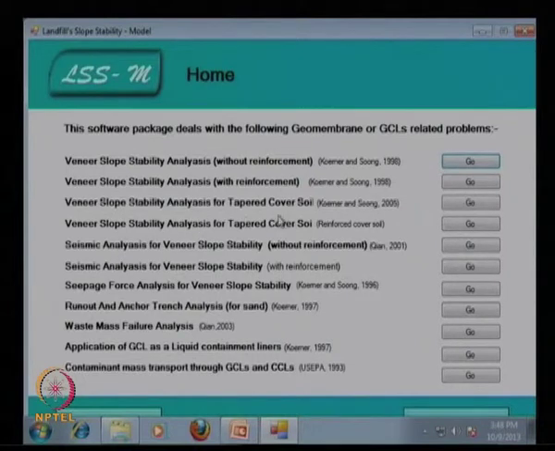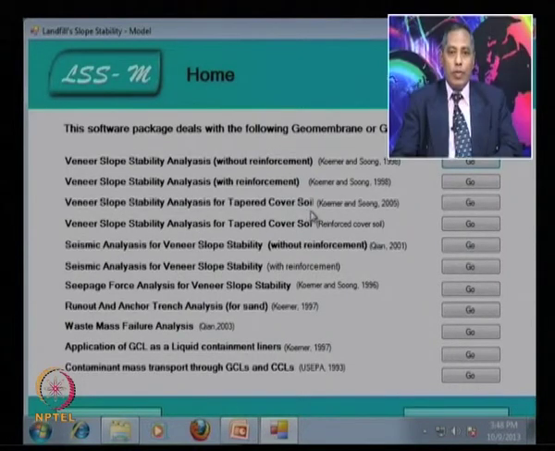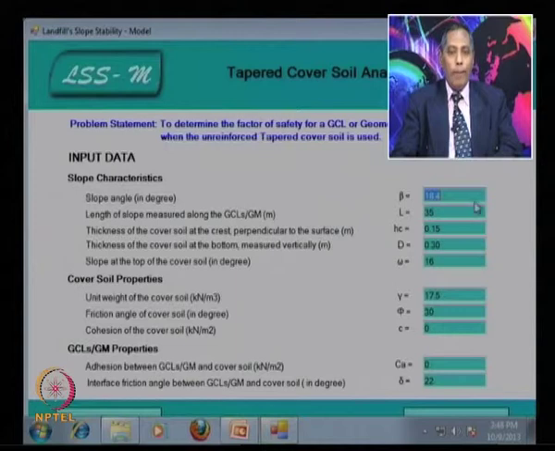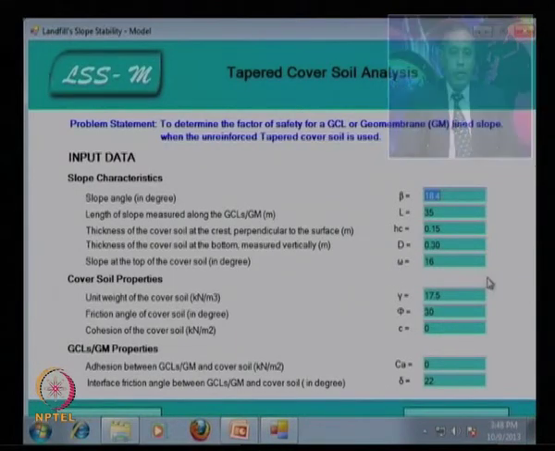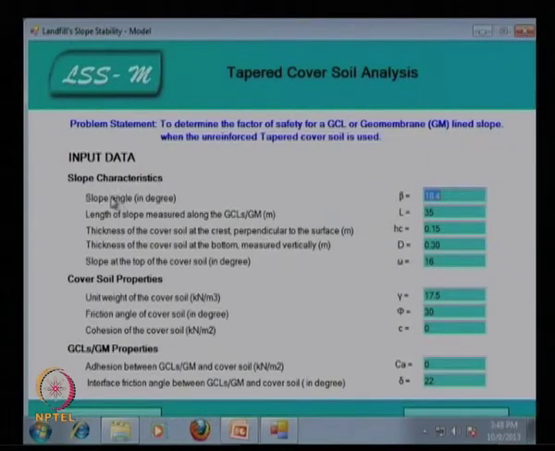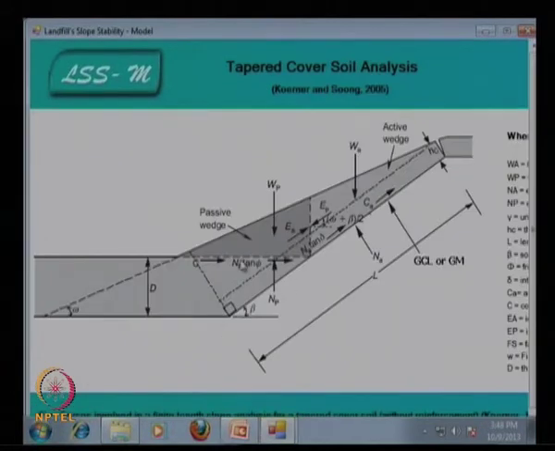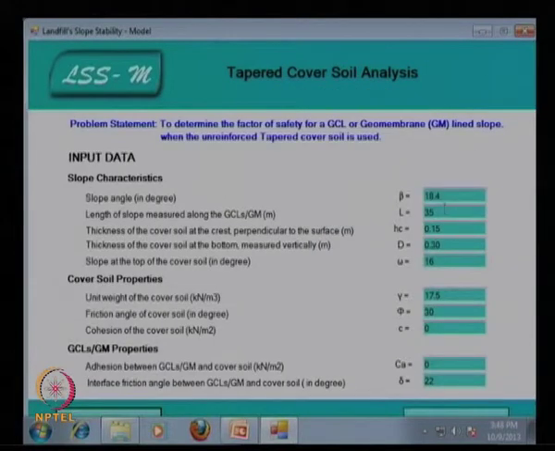Now, slope stability analysis of tapered cover soil. This is like Koerner and Soong 2005. Here, when the cover soil is tapered, it is designed like this: tapered cover soil analysis. You are to input data, slope characteristic.